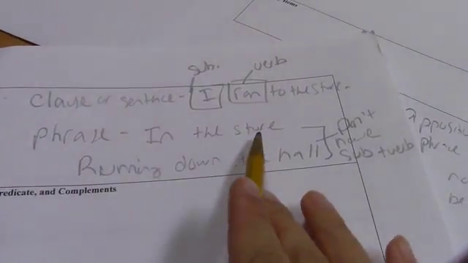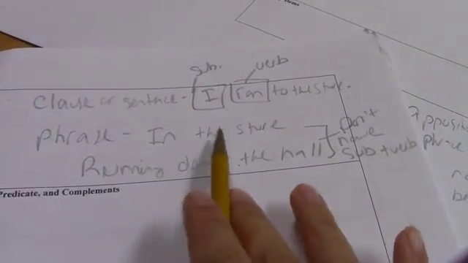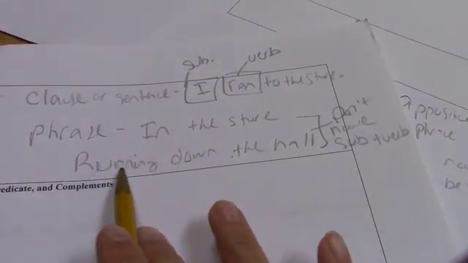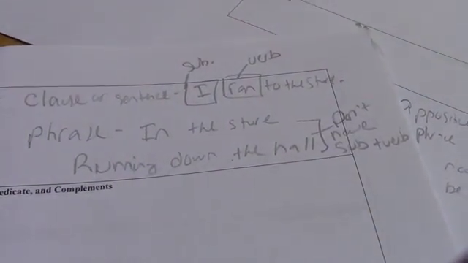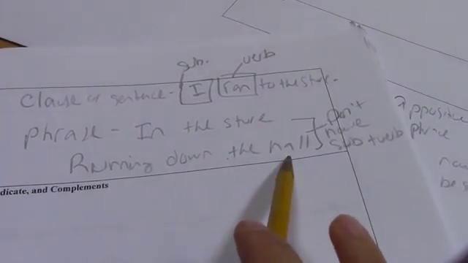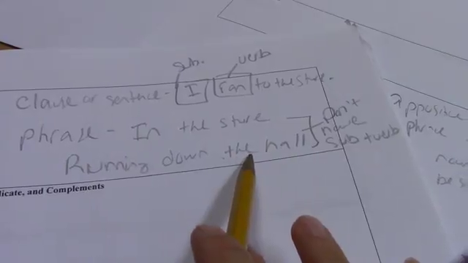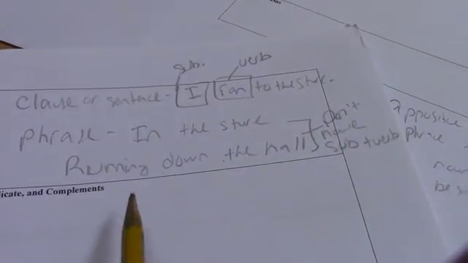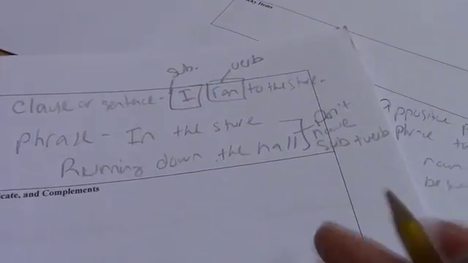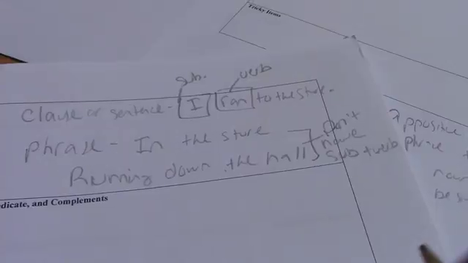Now, in the first phrase, I might have a noun, a preposition, and an article, but I don't have a verb. With running down the hall, I have a noun, an article, and a verb acting as a noun, but I don't have a subject and I don't have a main verb.